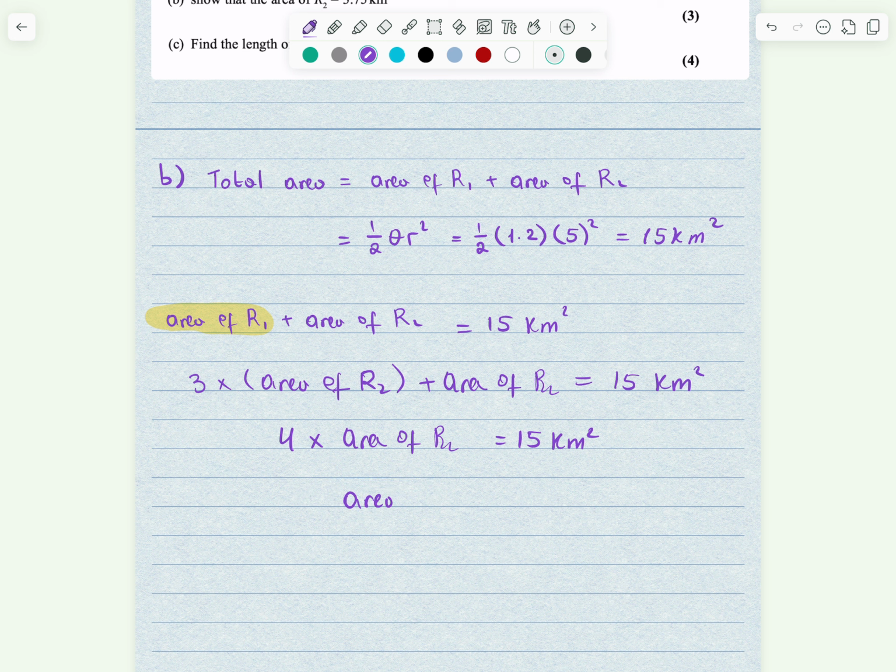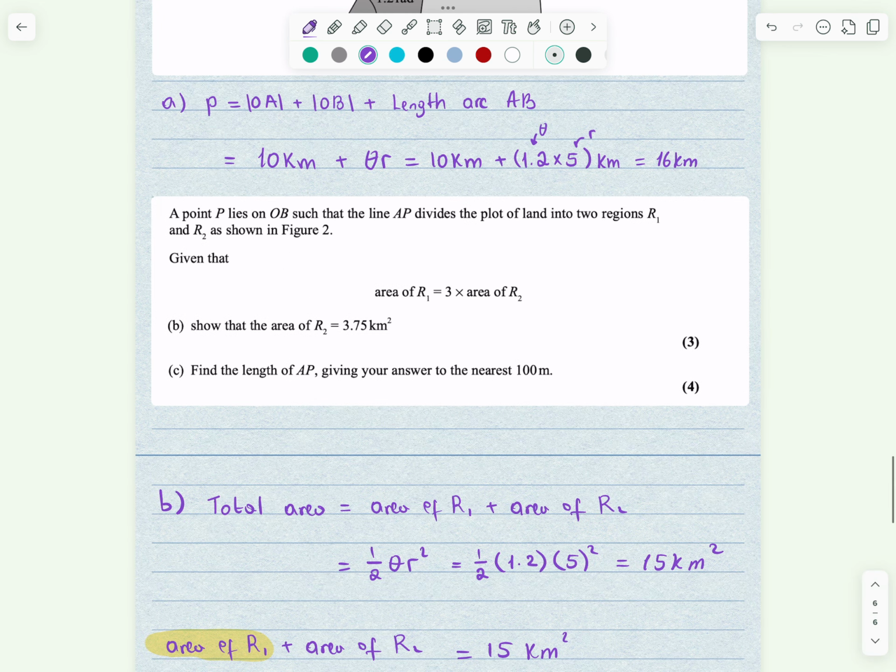So the area of R2 is 15 divided by 4 kilometers squared, which gives us 3.75 kilometers squared, which they said to prove.